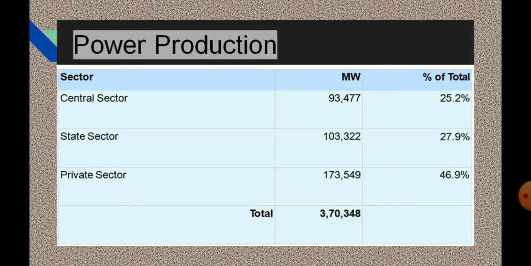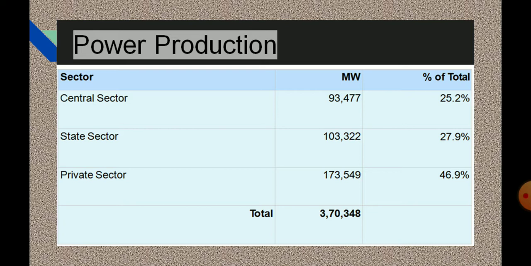The next one is power production. The power production is classified into three major sectors: central sector, state sector and private sector. For central sector, its power is about 93,477 megawatt and its total production percentage is about 25.2%. State sector, its power extraction is about 1,03,322.